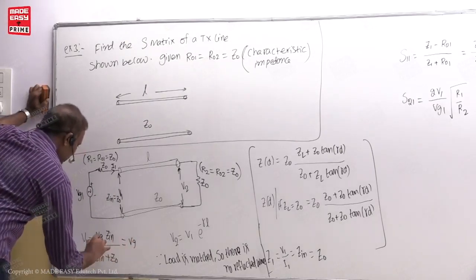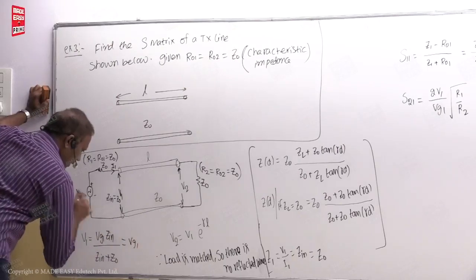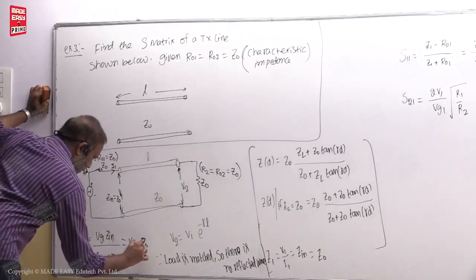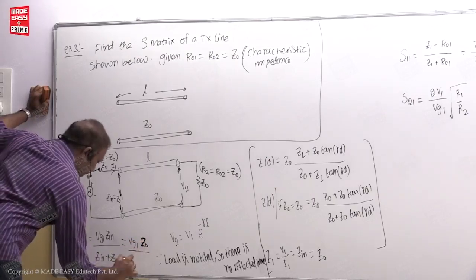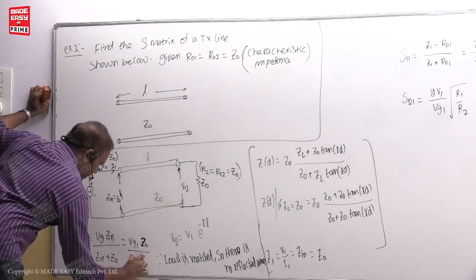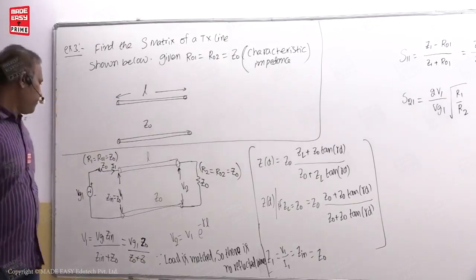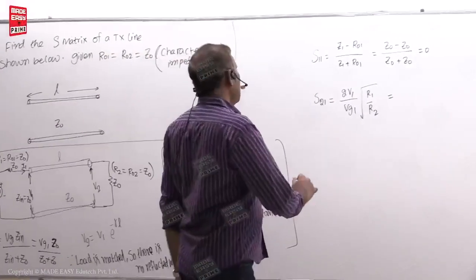So VG1 and Zin is Z0, divided by Z0 plus Z0. So ultimately this is VG1 by 2.